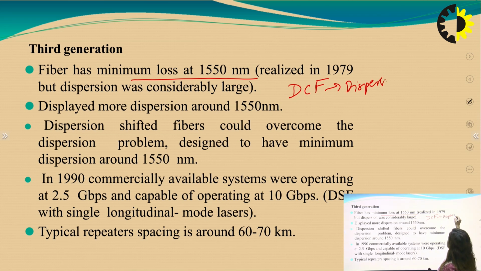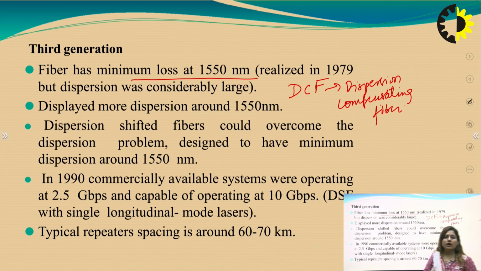According to the length of the single mode fiber, we can choose the length of the dispersion compensating fiber, and it will cancel the effect of the single mode fiber dispersion at 1550 nanometer.